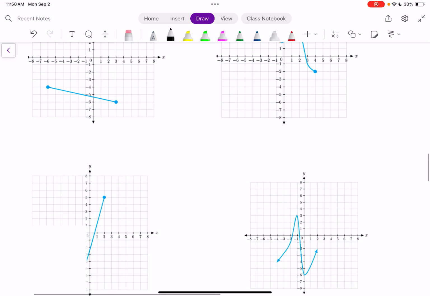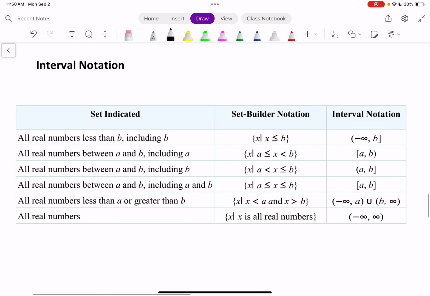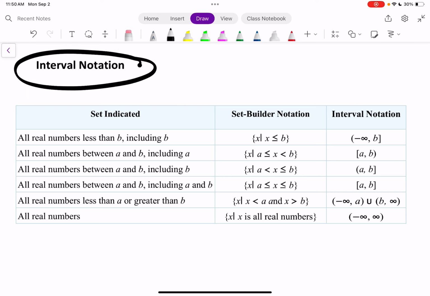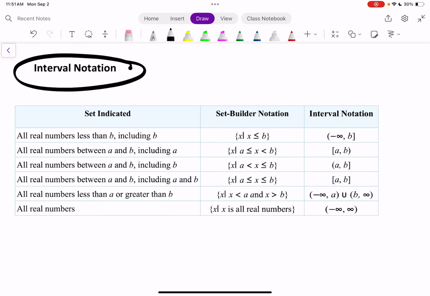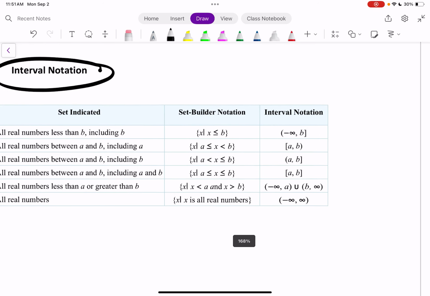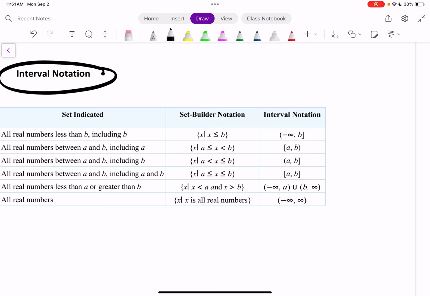So might as well actually just go here at the end of the section and talk about interval notation right away because it is important. So let's say our set indicates I want all the numbers up to some kind of value b, and that value b is included. So here, let me show you what this might look like on the graph. So everything up to some kind of number b, but b is included.